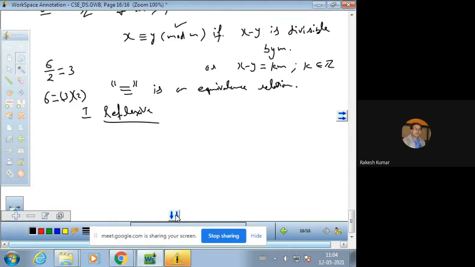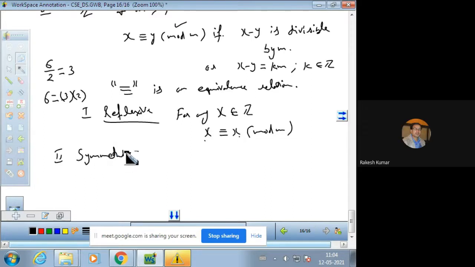For the reflexive property, we know that for any integer x, x is always congruent to x modulo m, because x minus x is divisible by m. Why so? x minus x comes out to be 0, and 0 is always divisible by m, and the quotient comes out to be 0. So the reflexive property is clearly satisfied.